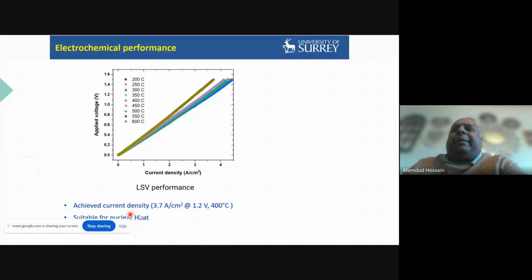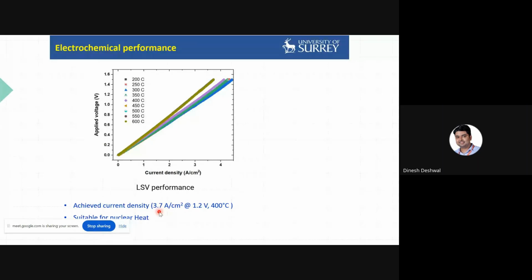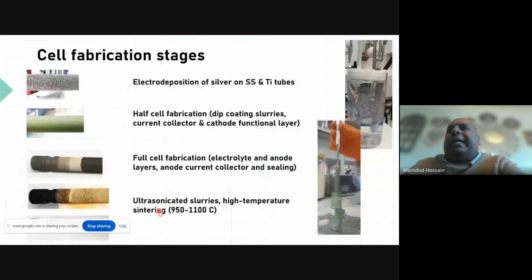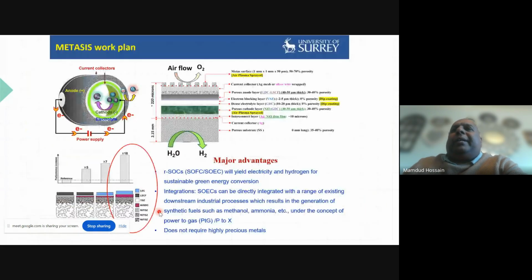In our system, we achieved a current density of 3.7 amp per centimeter square at 1.2 volt at 400 degrees Celsius. That's a very good achievement compared to the journal articles. Most journal articles show a current density of about 1.5. So we achieved 3.7. This is a massive achievement compared to what is in the market or in the research lab. Why did we achieve that? Because we have a very strong support.